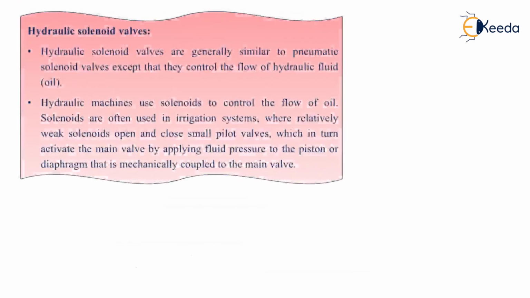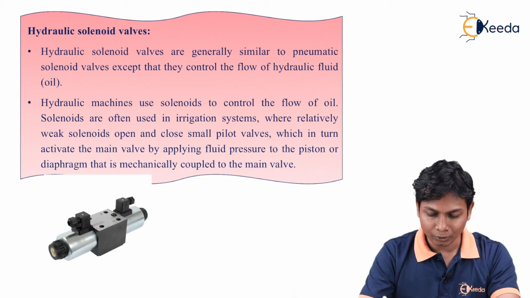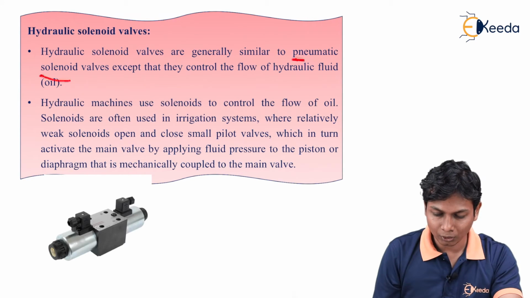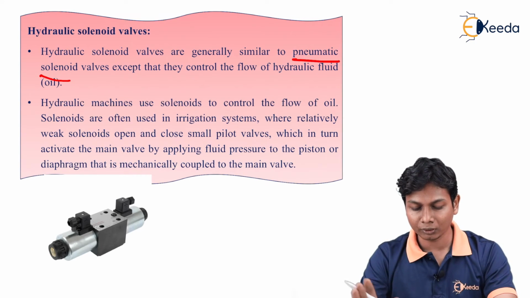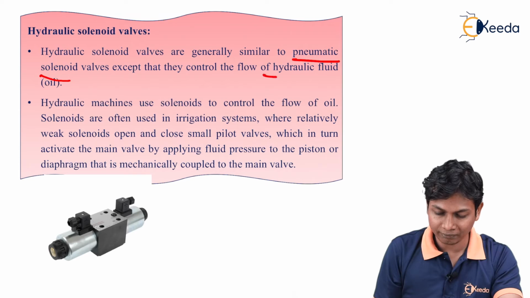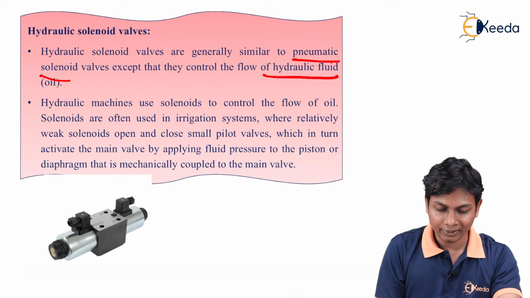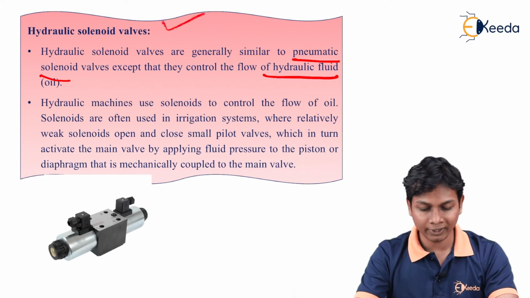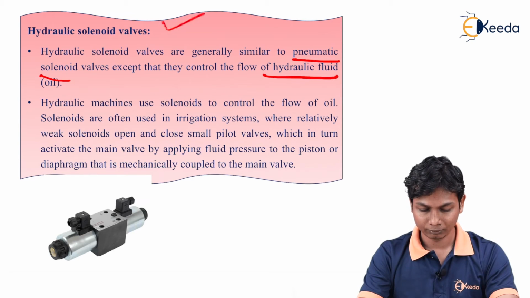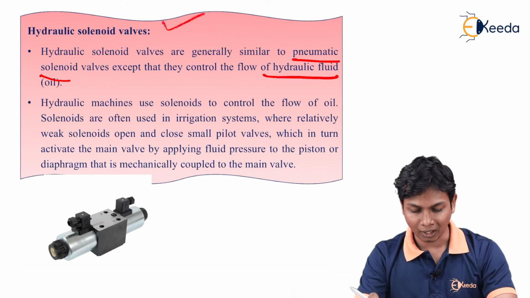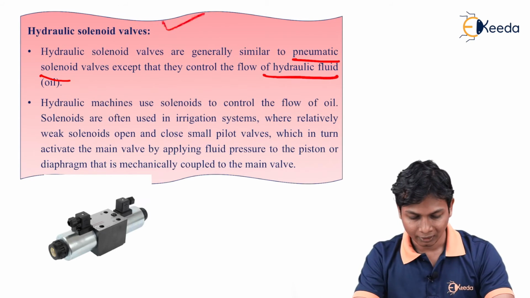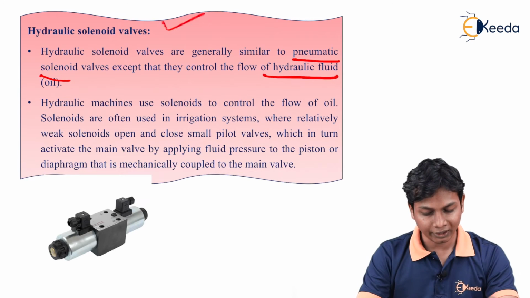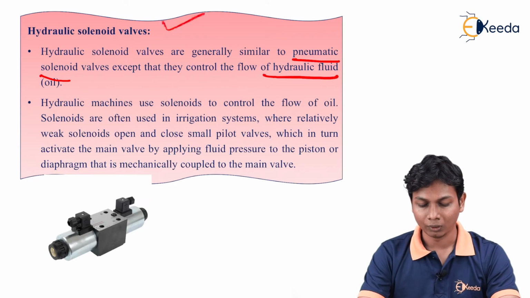The hydraulic one is generally similar to the pneumatic solenoid, except that it controls the flow of hydraulic fluid, and that's why it is called a hydraulic solenoid valve. Hydraulic machines use solenoids to control the flow of oil. So here the medium flowing in the hydraulic system is oil.